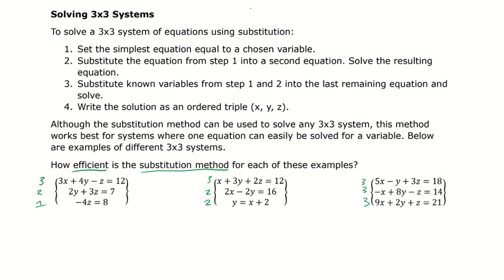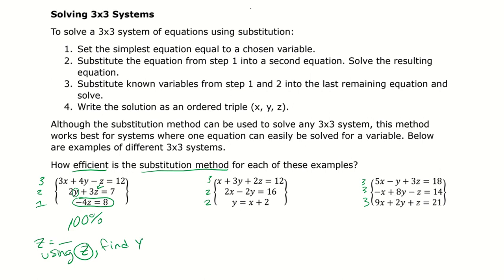Well, on the left side, 100% efficient, because this is already set up for you to easily find one variable by using the first equation. Once you have the z value, now you're going to plug it in right here, and you're going to solve for y. So using the z value, you can find y.